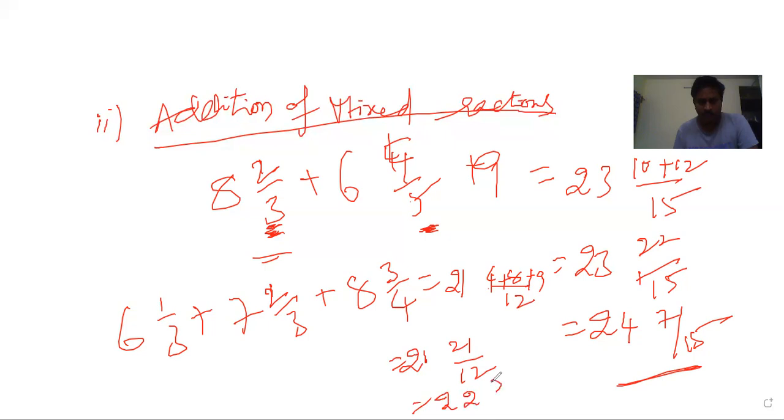Remainder value is 9. 9 by 12, divide by 3 on top and bottom, that equals 22 3 by 4.